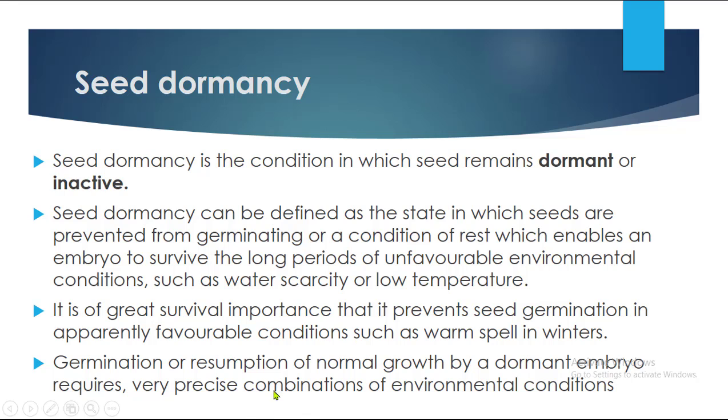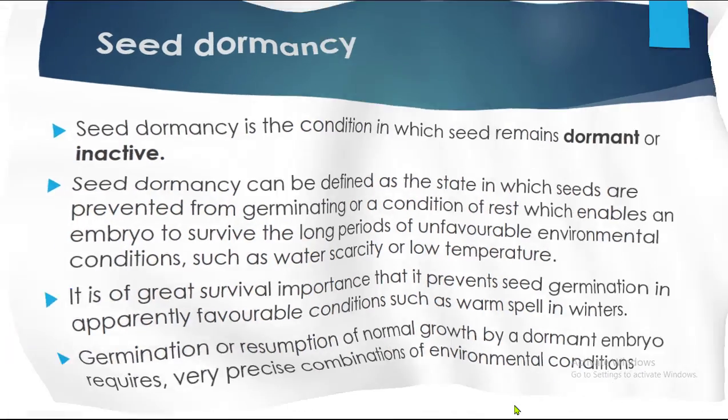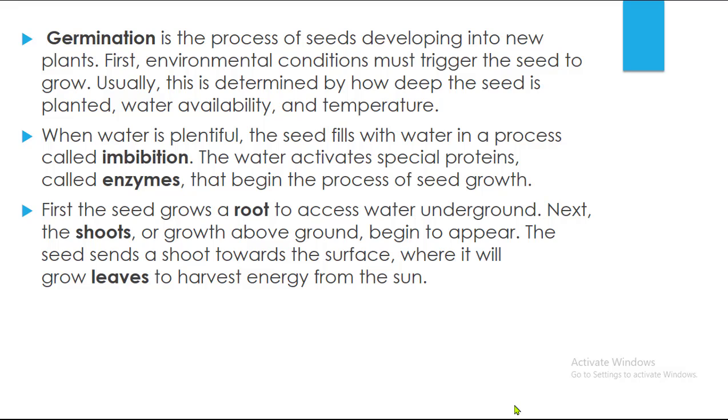Germination or resumption of normal growth by a dormant embryo requires a very precise combination of environmental conditions. So after dormancy, that is, for seed germination or breaking the seed dormancy, what does it require? It requires a certain combination of environmental conditions. So here we go. Germination is the process of seeds developing into a new plant.